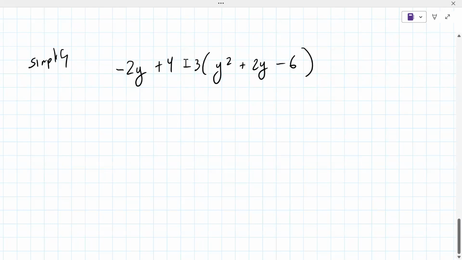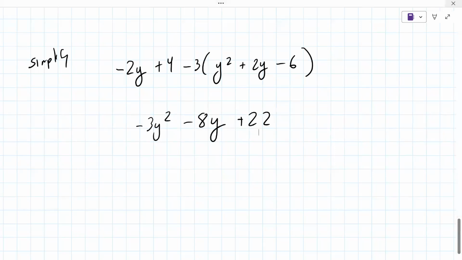All right, give that a try, please. Negative 3y squared minus 8y plus 22.